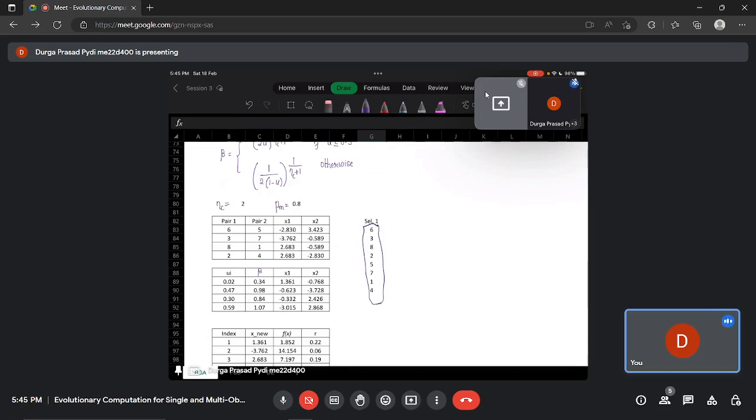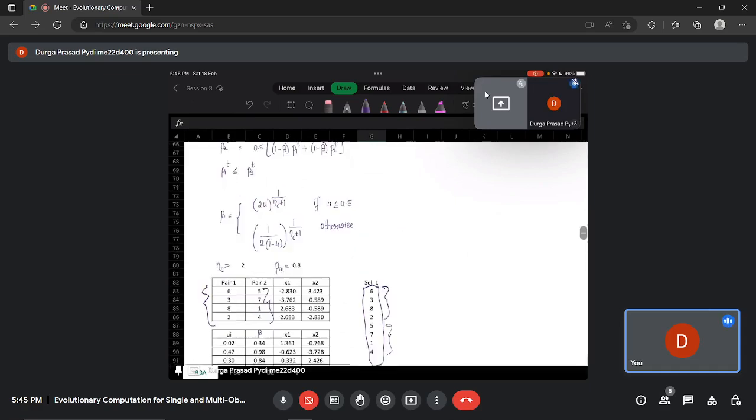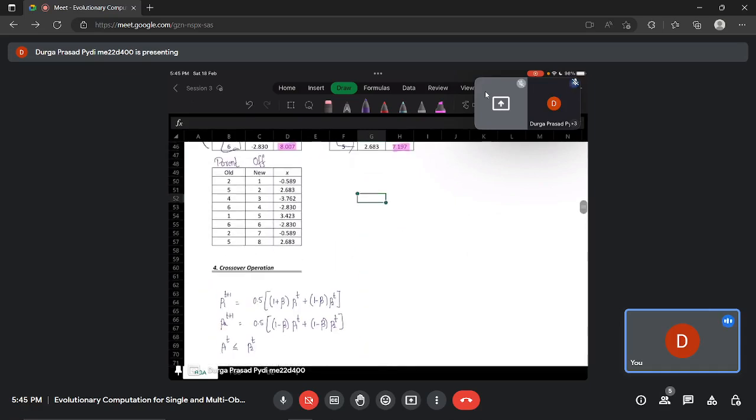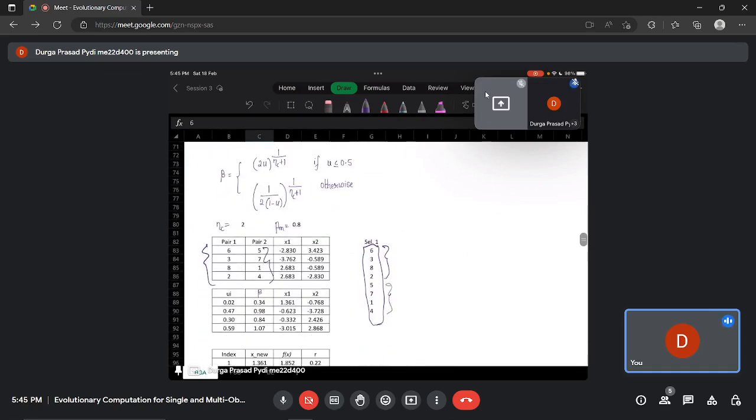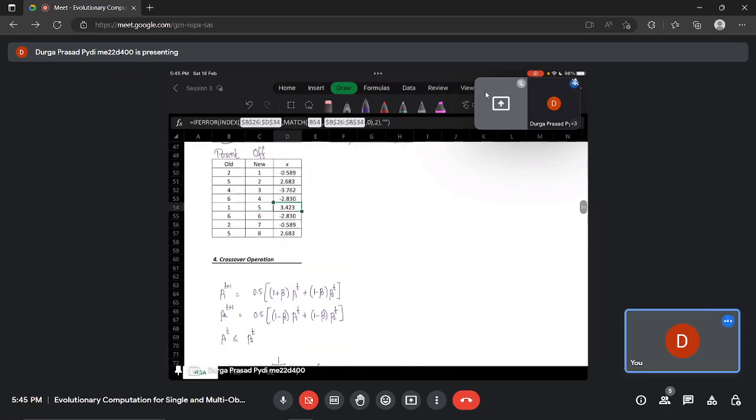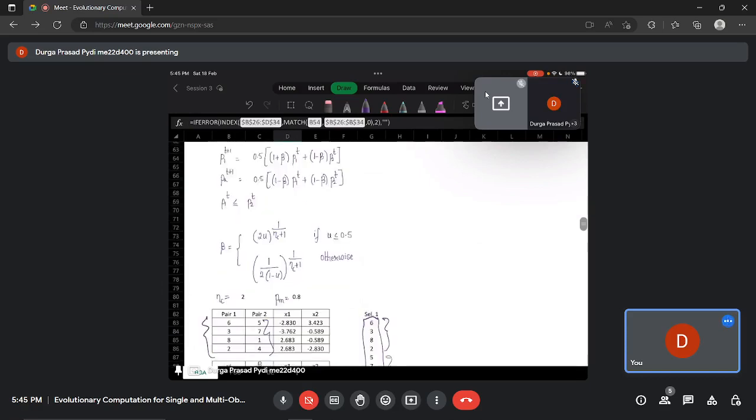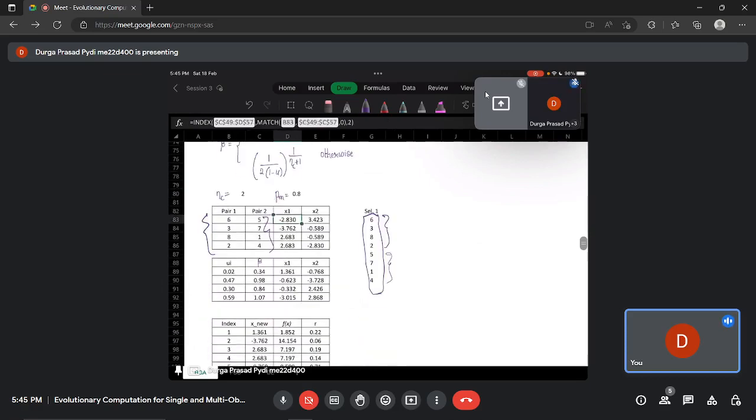So I'm taking the first 4 as the first pair and the last 4 as the second pair. Using the previous indices, the sixth one over here is minus 2.83, so I have considered that here. Similarly, the fifth one is 3.423. In a similar fashion, I populated the entire table.